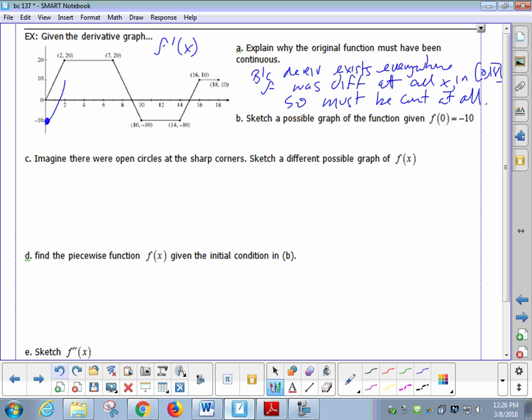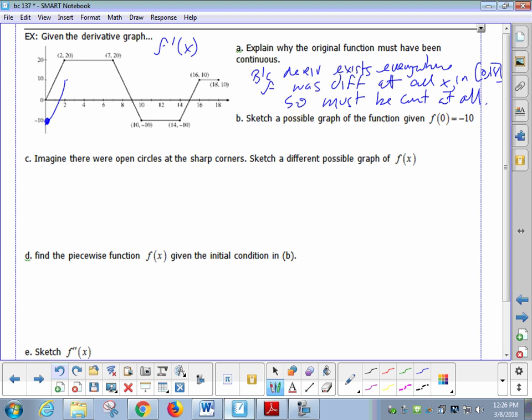What about from 2 to whatever the next time is? 8. All right, linear with positive slope or negative slope? Positive slope. Specifically, what slope? The derivative is 20, so it's got a slope of 20.